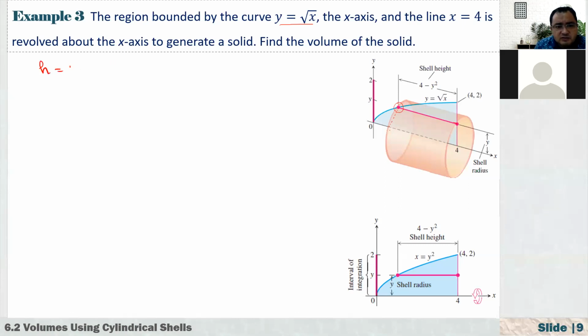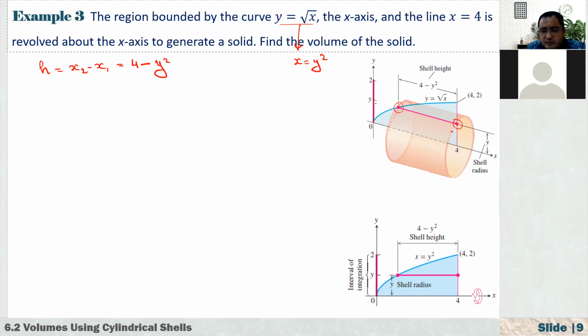Shell height is equal to x2 minus x1. What is x2? Actually, it is 4. It's not changing. That's equal to 4 minus, and how about this one? That's equal to square root of x. But in terms of y, from here, what is x? x is equal to y squared. So that's equal to 4 minus y squared, right? Because it is the width, as you see here, the width of the cylinder is delta y, right?